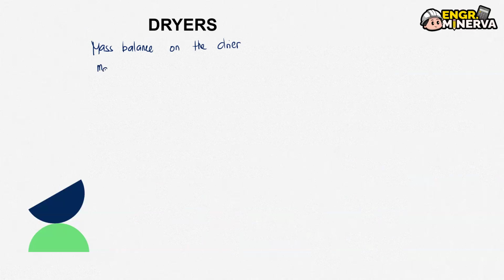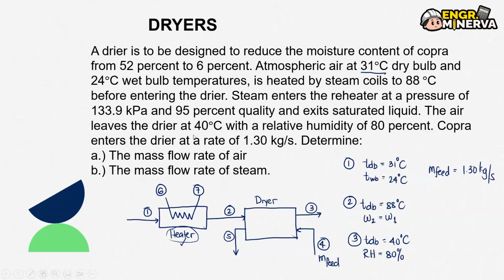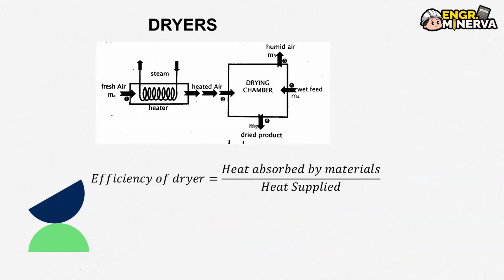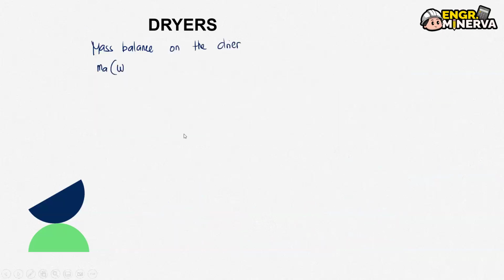The mass of air multiplied by W3 minus W2 would be the mass of water absorbed.